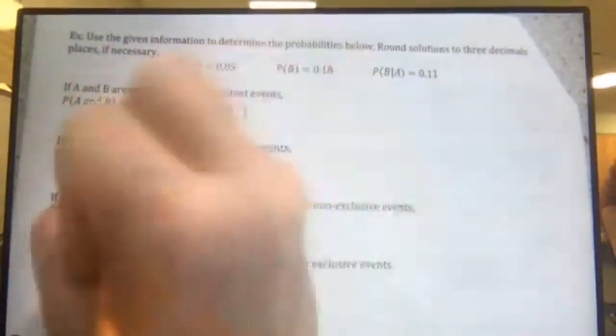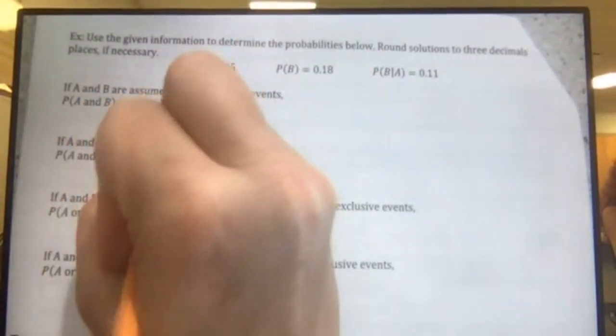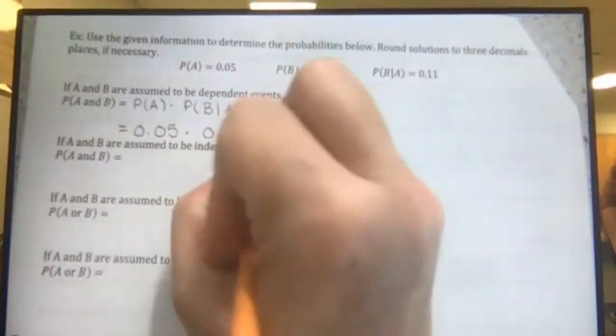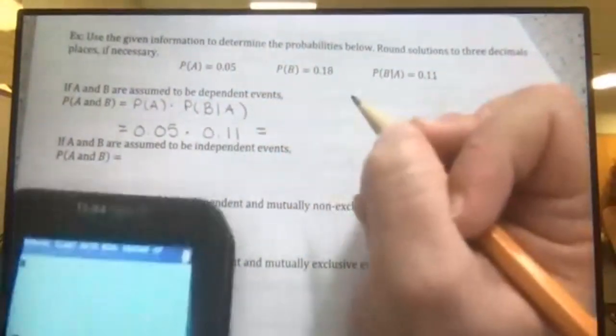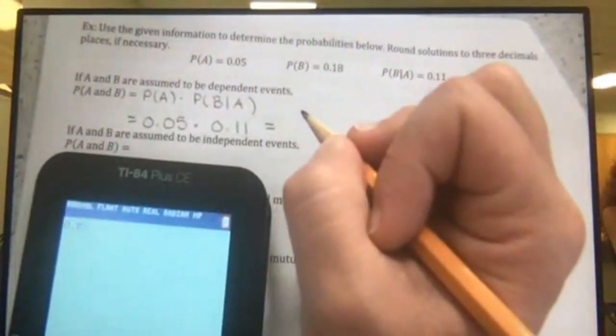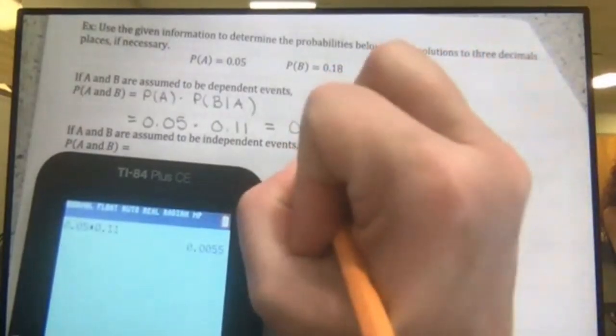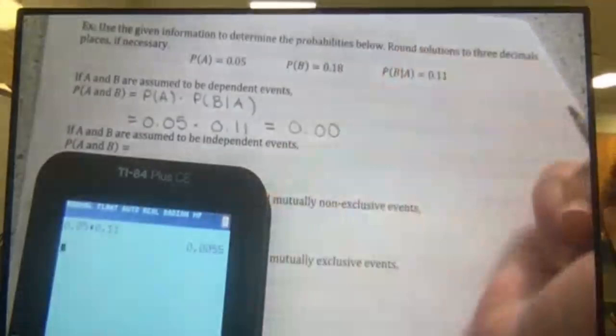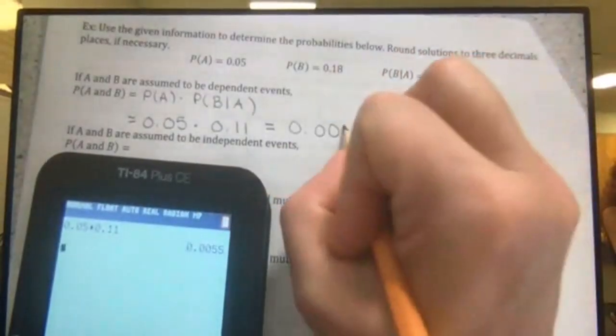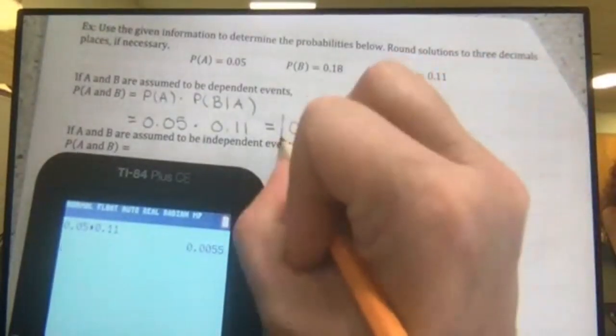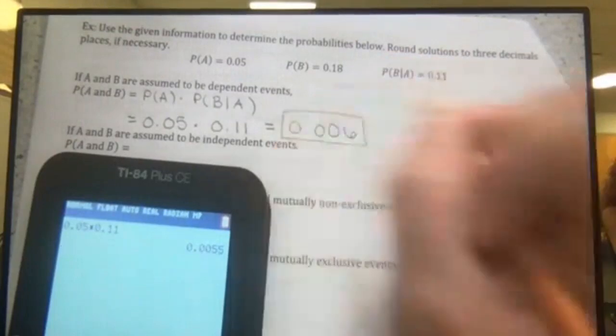So just plugging in, probability of A is 0.05 times probability of B given A is 0.11. So in my calculator, 0.05 times 0.11 will give us our answer of 0.00, rounding 3 decimal places, 55, or we'll round up to 0.006. Done.